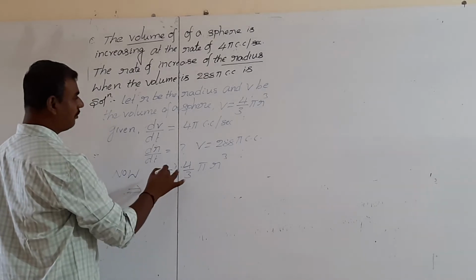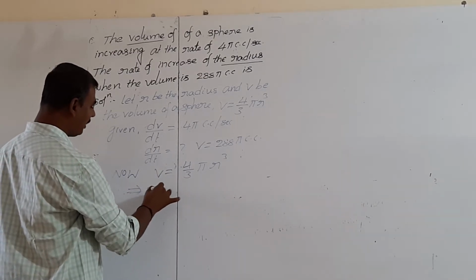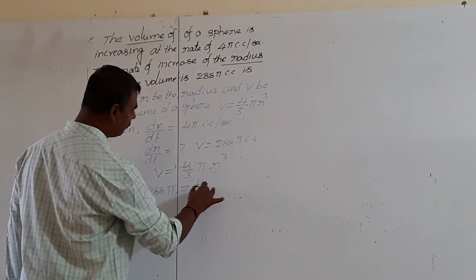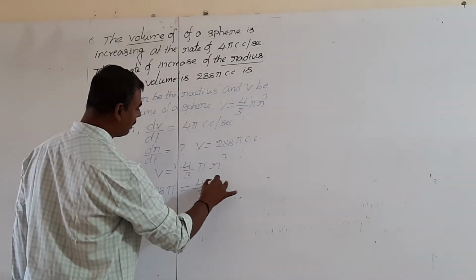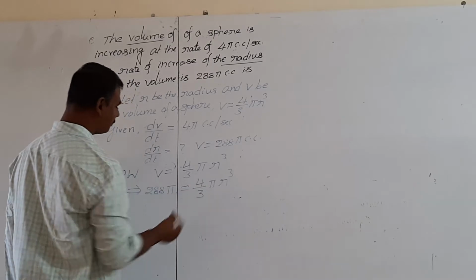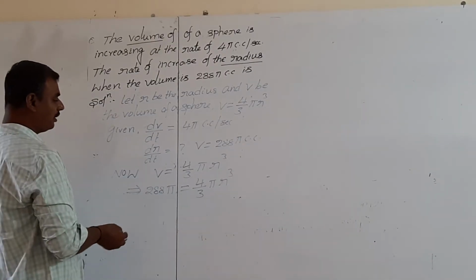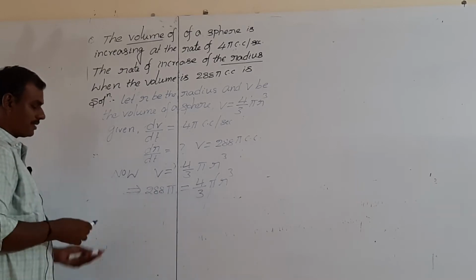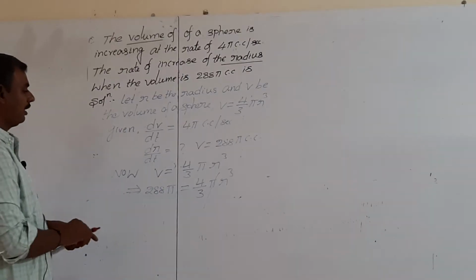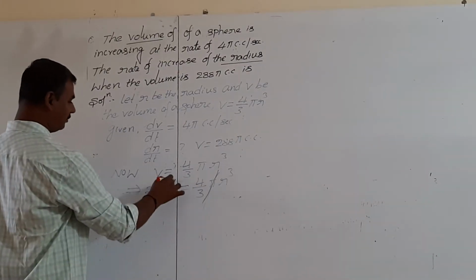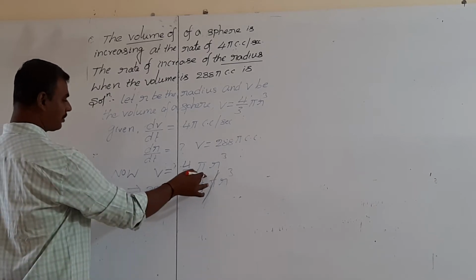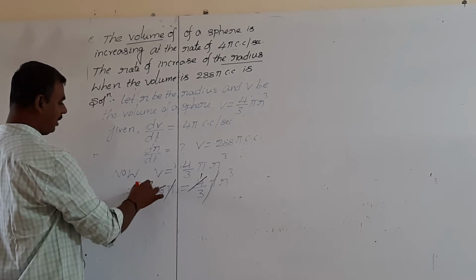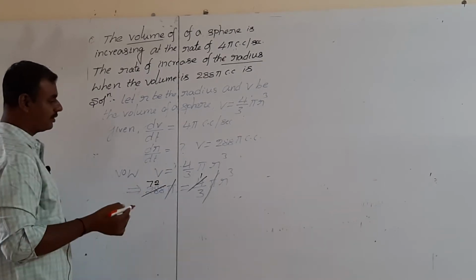So substituting the V value, 288 pi is equal to 4/3 pi r cube. Now observe that on both sides the common value pi gets cancelled. Next, 4 into 72 is 288, so 288 divided by 4 leaves 72.